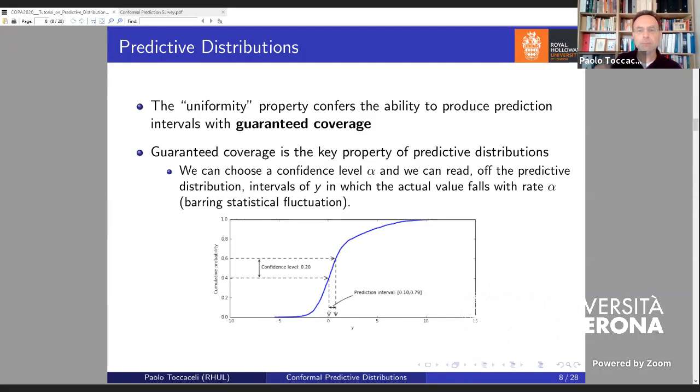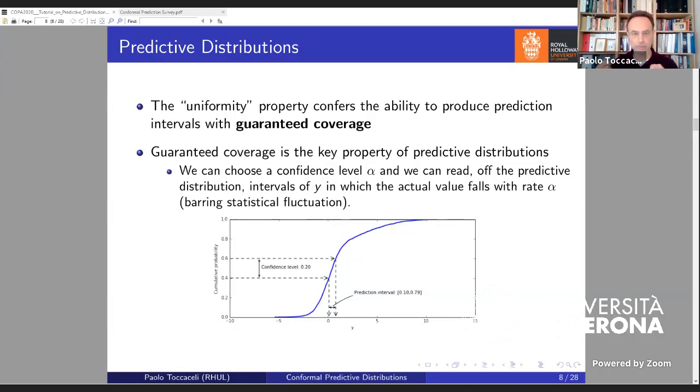So what we are saying is, if I construct intervals in this way by taking the graph of the predictive distribution and finding the point for y that is intercepted by the value of the vertical axis 0.6, and I repeat this for all the test objects, I obtain intervals such that the frequency with which the actual variable is less than the prescribed value for y is 0.6.